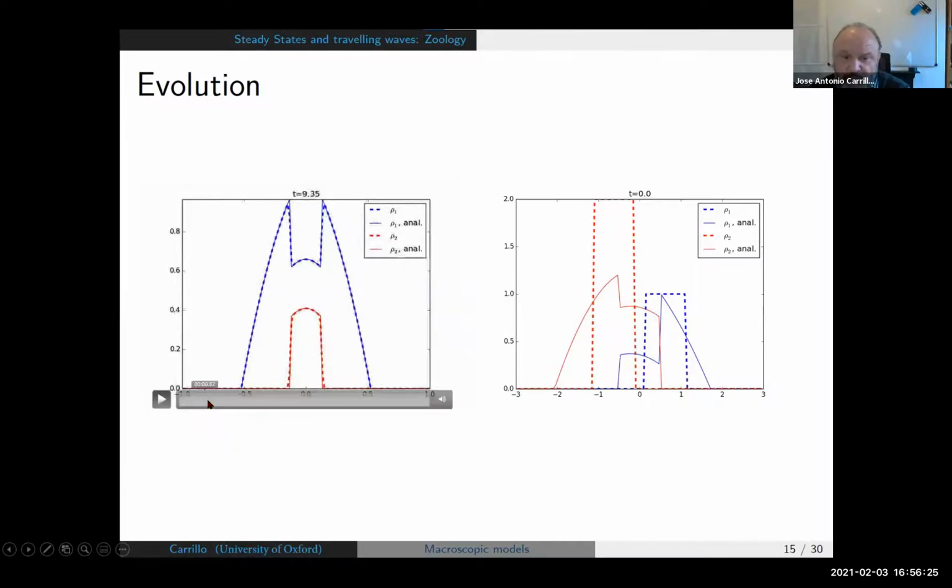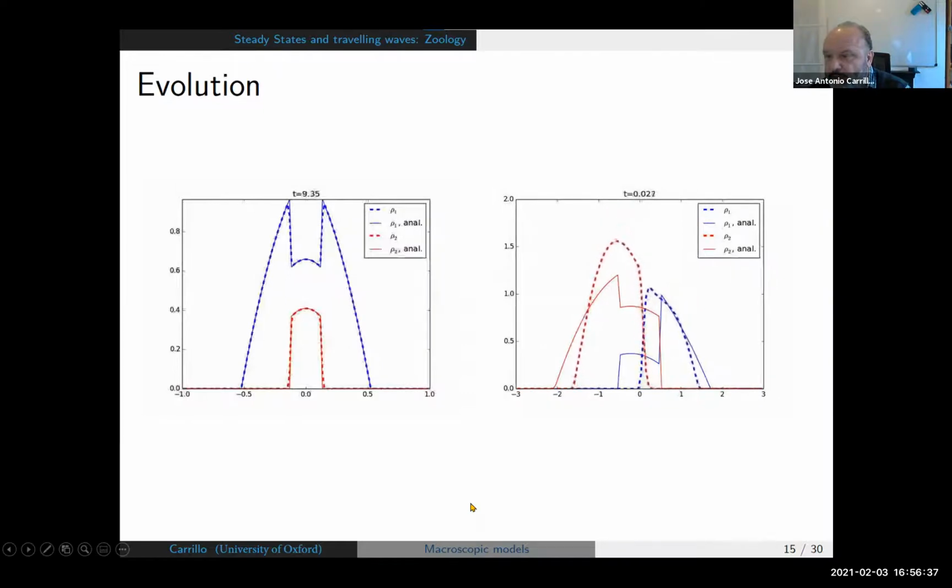What you see, the interesting feature here, is that you develop these kind of sharp interfaces as t goes to infinity. And here you have another example in which initially they are not that mixed, and then finally they get into that steady configuration. And this is just for different initial data and another potential.